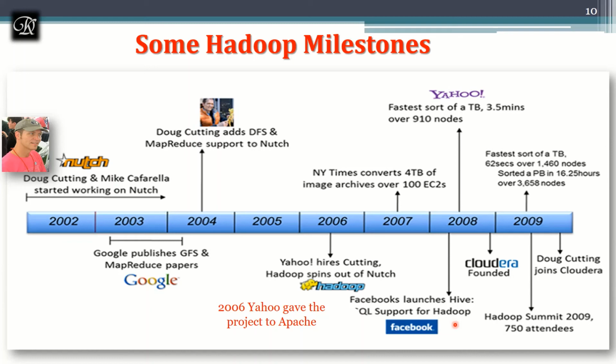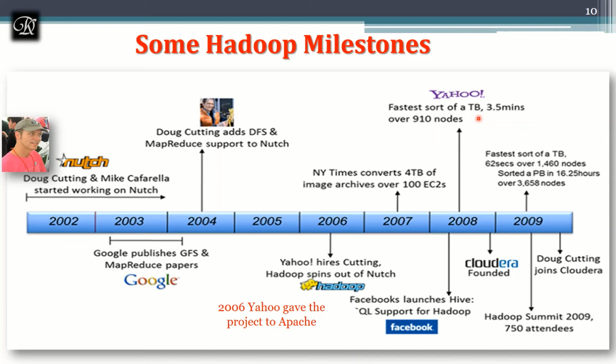Next, Yahoo started with computation, and Hadoop has won the fastest sort computation in the year 2008 by sorting a terabyte of data in 3.5 minutes. Just imagine.